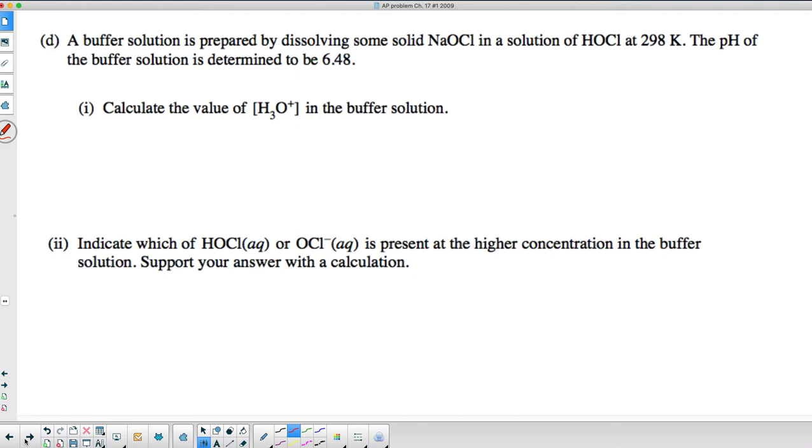The pH is determined to be 6.48, so this is the easy one.